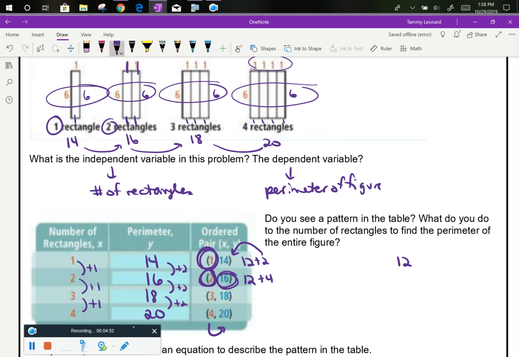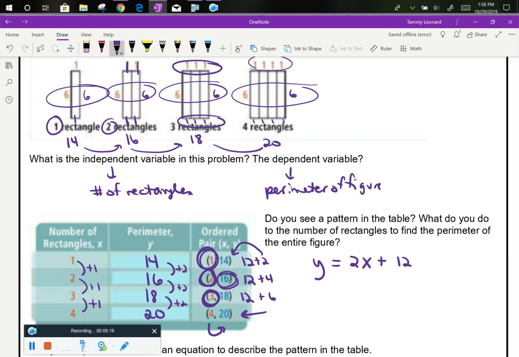For this next one, I would have that 12 as a base value. Notice if you go back to the figures, there's 3 on top and 3 on the bottom. Notice that's 3 times 2 that we're adding, or 6. So it looks like we're taking 2 times the number of rectangles, adding that to the base value of 12, and getting the perimeter.